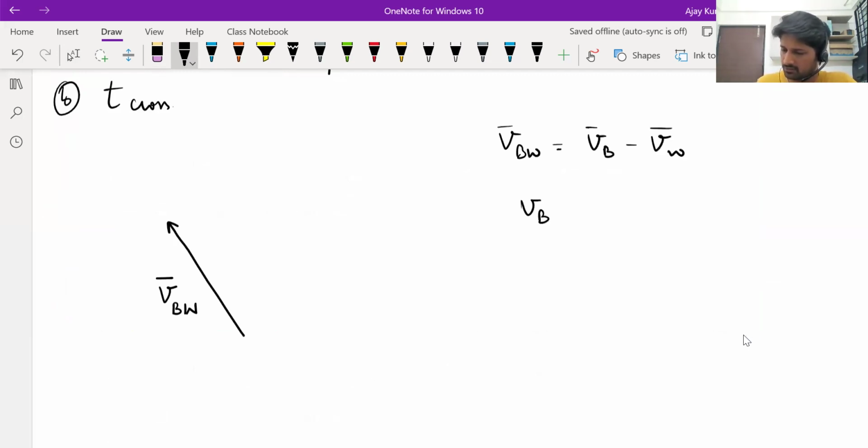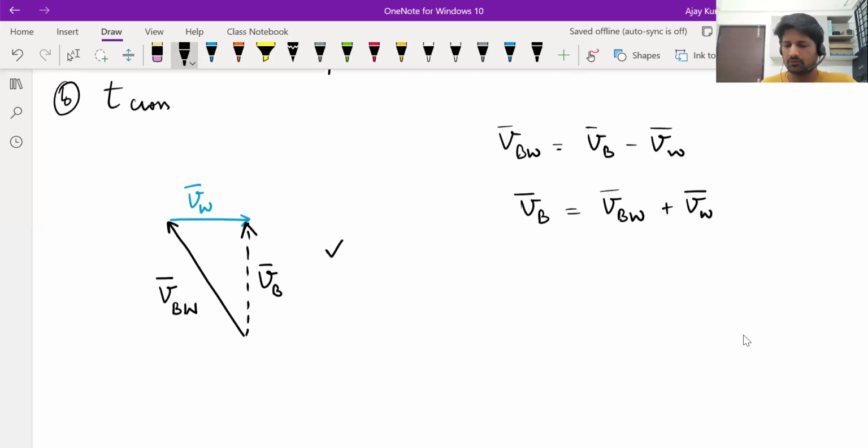So the effective velocity of the boat will be velocity of boat with respect to water plus the velocity of water. Velocity of boat with respect to water is this way. Velocity of water is downstream like this. You have to add these two to get the effective velocity of the boat. Therefore, the effective velocity of the boat will be like this. This is what we are looking for.